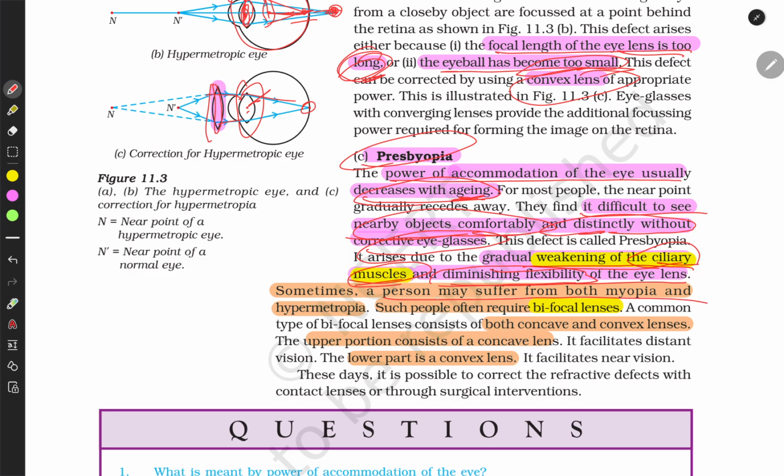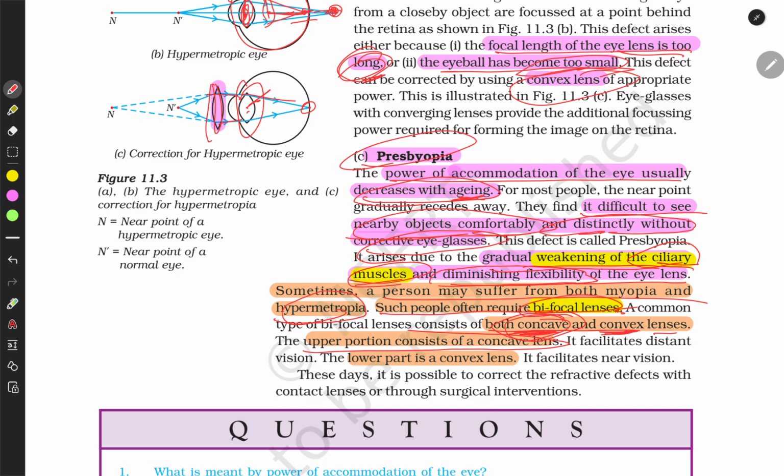Sometimes a person may suffer from both myopia and hypermetropia, and such persons often require a bifocal lens. Both concave and convex lenses are needed in the bifocal. The concave part is to see far objects clearly, and the convex part is for close objects.